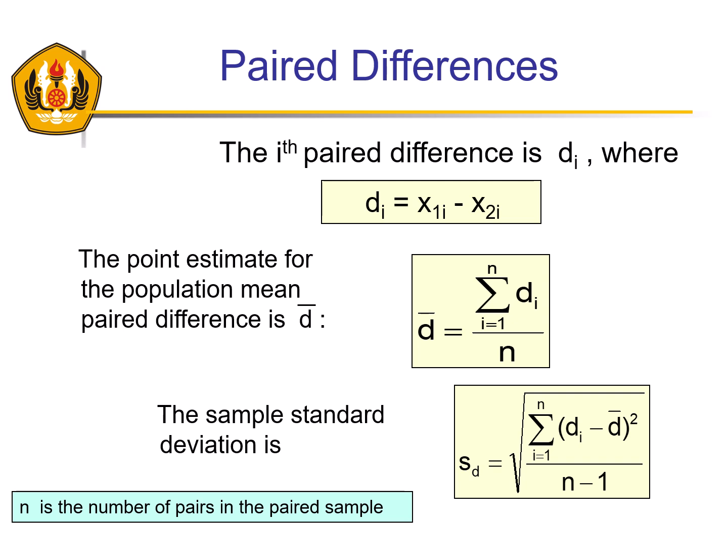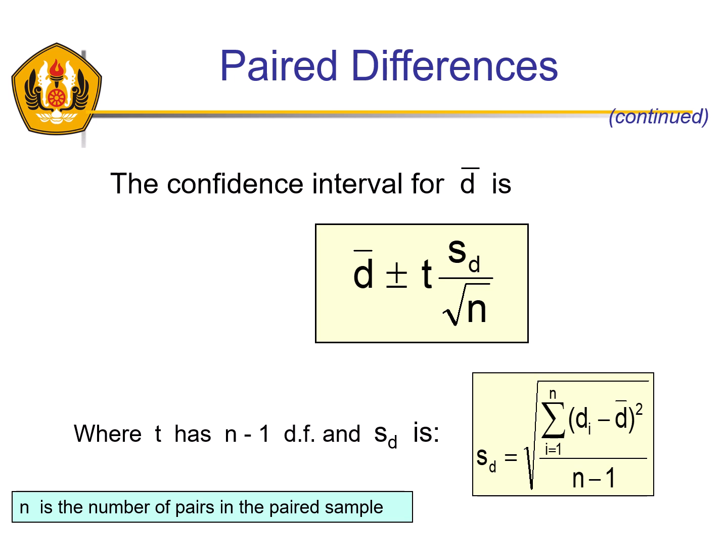So the point estimate is going to be d bar, obtained from the sum of the di over n, and the sample standard deviation is presented in the box at the bottom. And this is the formula for the confidence interval for d bar.